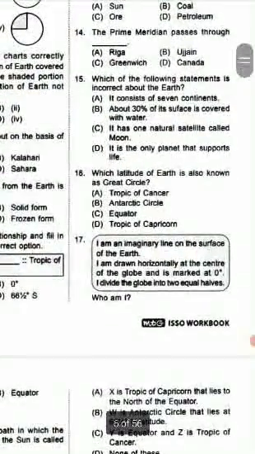Number 17. I am an imaginary line on the surface of the earth. I am drawn horizontally at the center of the globe and am marked at 0 degree. I divide the globe into two equal halves. Who am I?